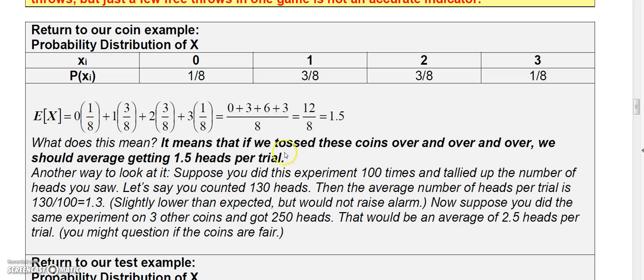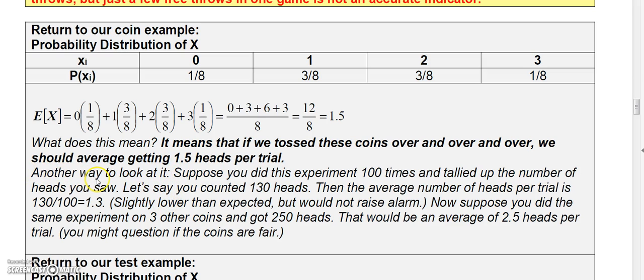Well, it means that if we toss these coins over and over and over, we would expect to average 1.5 heads per trial. Another way to think of this: if you did this a large number of times and your average was way off of 1.5, let's say your average was 2.5, then you would suspect something fishy about the coins.